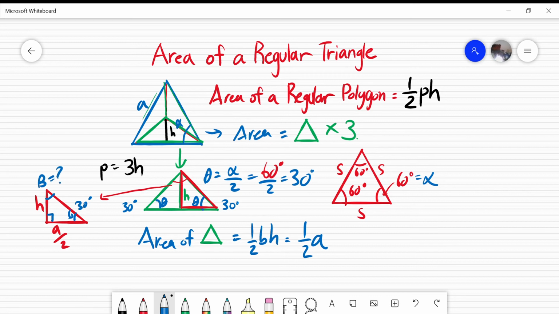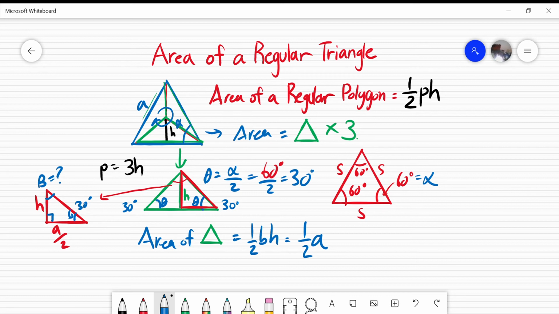Well, we can see from our original triangle, we know that a full circle is 360 degrees, right? And we noticed that we divided the triangle into 3 equal segments.